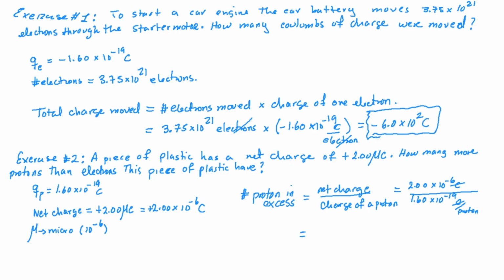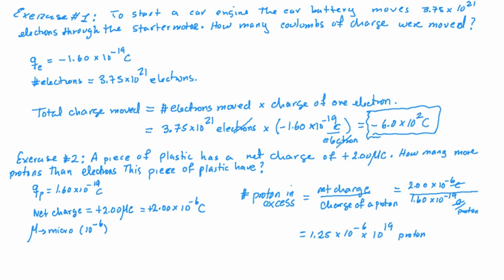Now, look at this. The division of 2.00 by 1.60 is 1.25, but you have this 10 to the negative 6, and the 10 to the negative 19 that is in your denominator goes to the numerator as 10 to the positive 19. And this is protons.